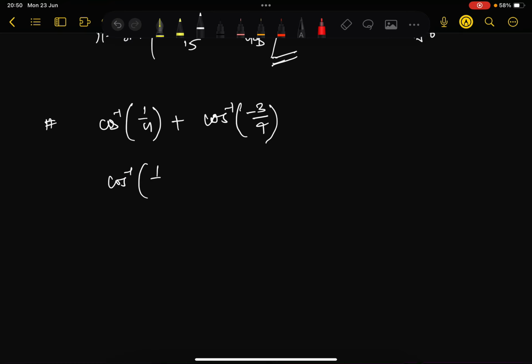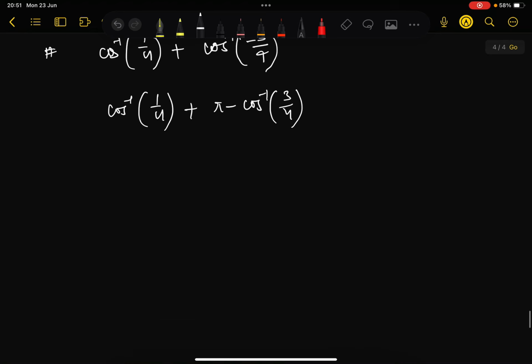So cos inverse 1 by 4 plus, since cos inverse of minus x is equal to pi minus cos inverse x, pi minus cos inverse 3 by 4. So overall we are getting cos inverse 1 by 4 minus cos inverse 3 by 4 plus pi.